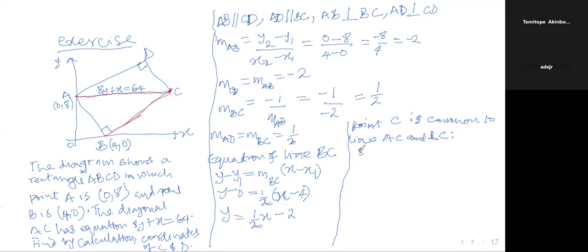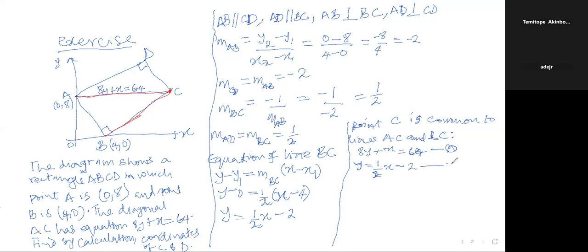So 8y plus x equals 64. Call that equation 1. Then the equation of line BC that we have found, y equals 1 over 2 x minus 2.